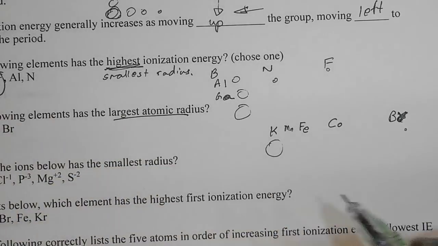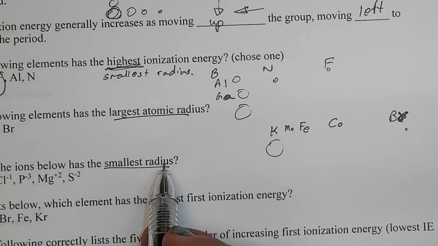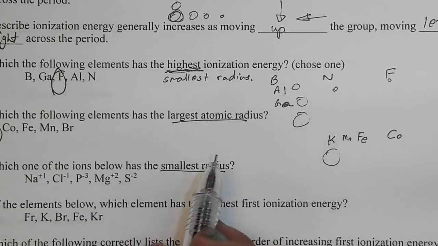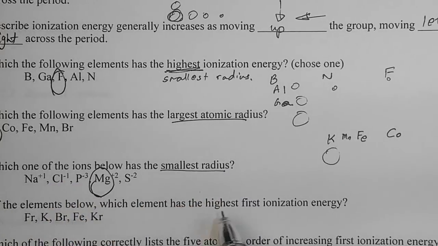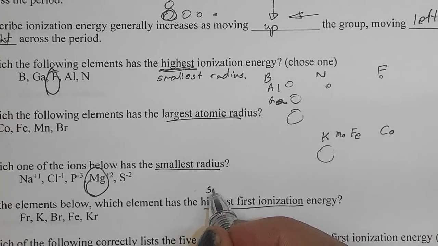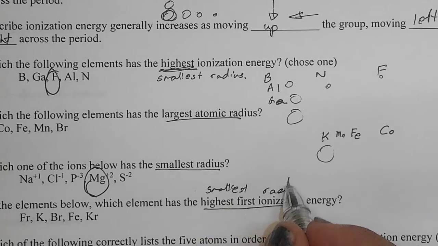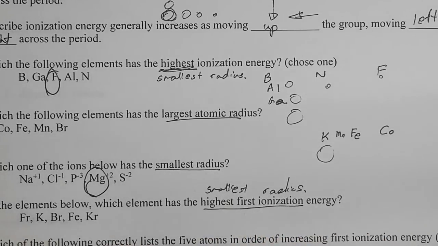Okay, next one. Smallest radius. Smallest radius are the plus, not minus. The bigger the plus, the smaller the radius is. Right there, Mg2+. Highest first ionization energy. Highest ionization energy, smallest radius. Okay, usually that helps. Let's try to figure out where this is.